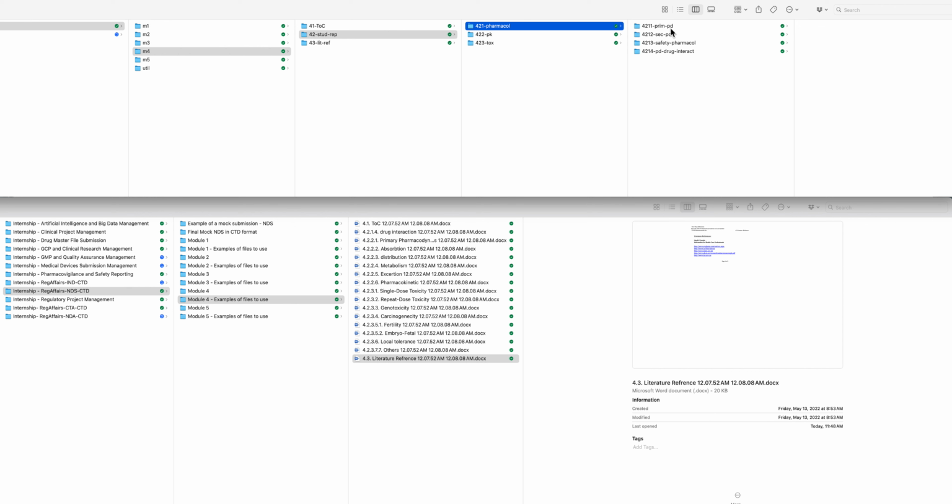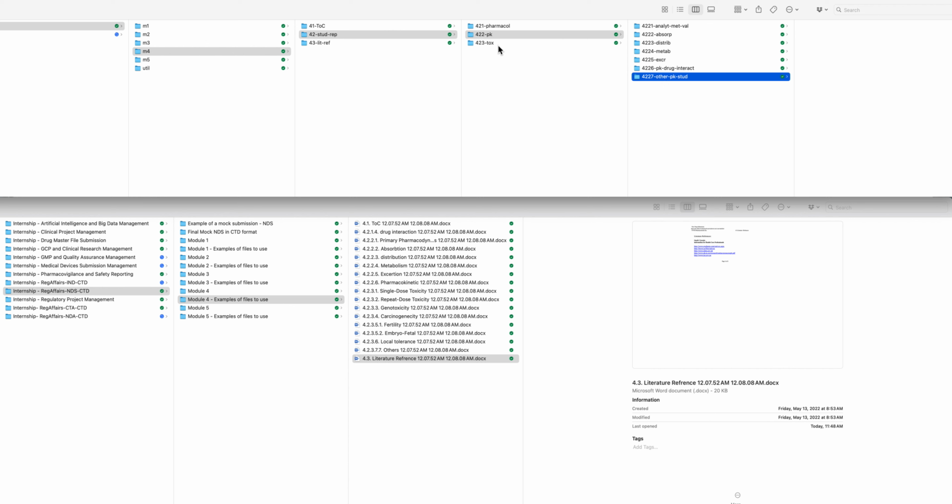We looked into the primary pharmacodynamics, secondary pharmacodynamics, the safety pharmacodynamics, and then the pharmacodynamic drug interaction documents. We also looked into the pharmacokinetics, where we looked into the analytical methods and validations. We looked into the documents about drug absorption, distribution, metabolism, excretion, pharmacokinetic drug interactions, and other pharmacokinetic studies.